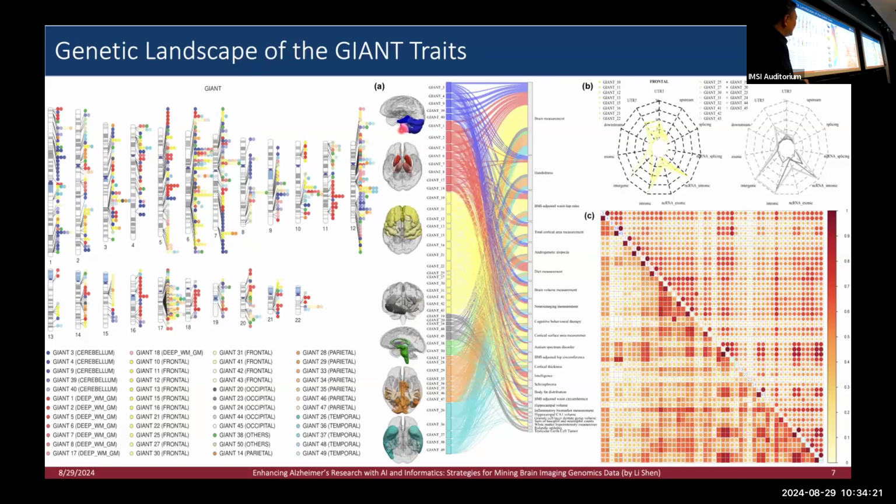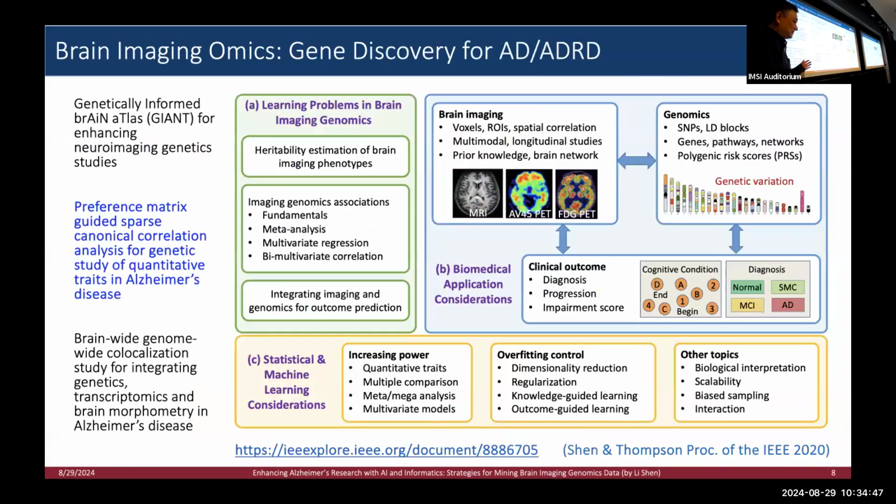And here are the GIANT phenotypes' relationship with other phenotypes, like height, weight, BMI, that kind of thing, right? And then you can also do some functional annotation for these imaging genetic findings and calculate the genetic correlation and the phenotypic correlation. You can see they are similar, but there's also some difference. So hopefully in the future, we can use that to do imaging genetic analysis.